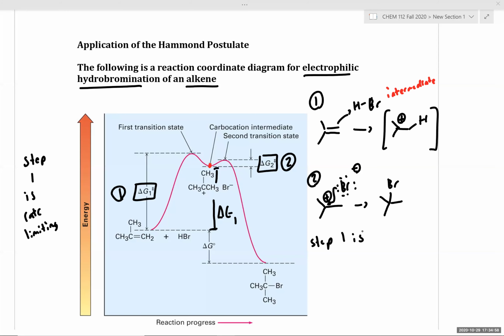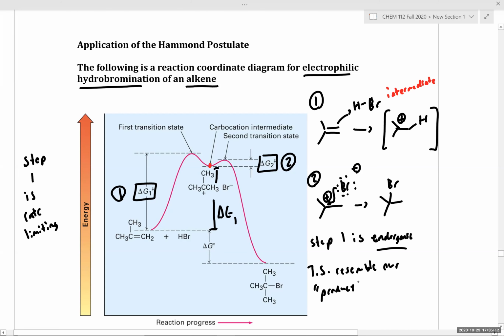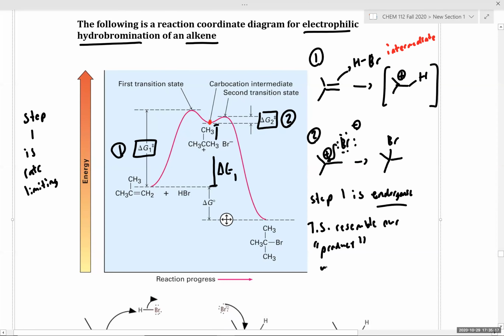Endergonic, exactly right. So the first step is endergonic. In turn, that means our transition state will resemble our quote-unquote product, which in this case is our carbocation intermediate.